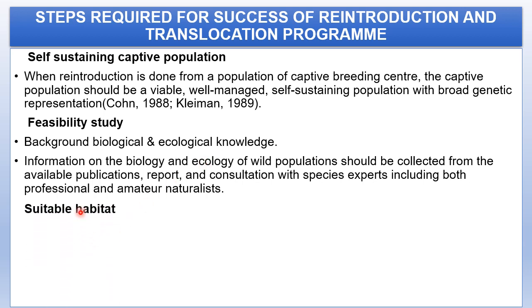So habitat is also an important requirement for successful reintroduction of the focal species, because habitat provides the entire requirement for the growth and development of the population in different life stages.